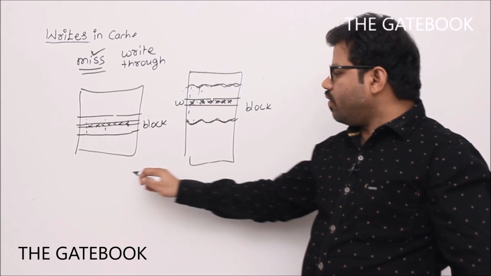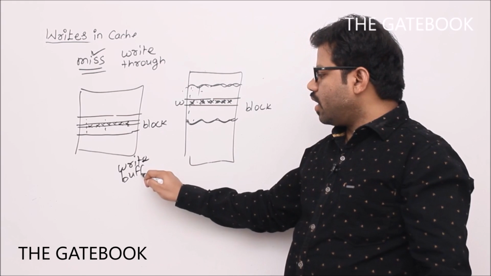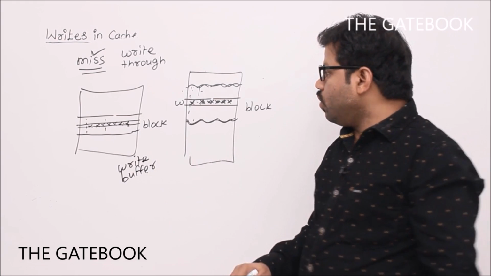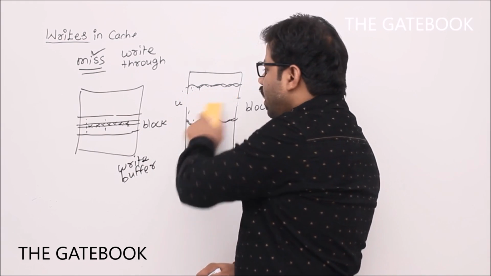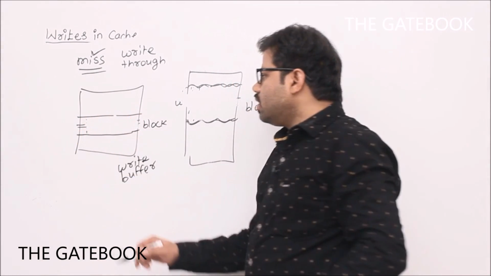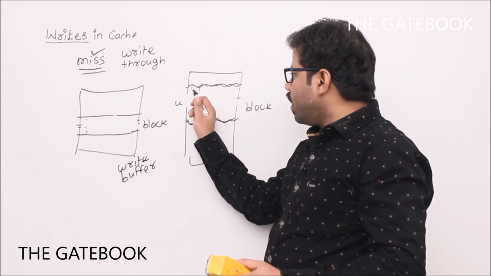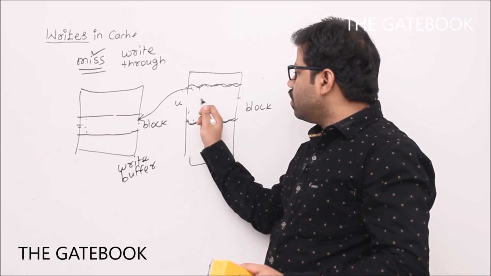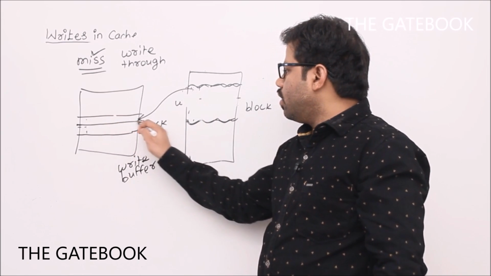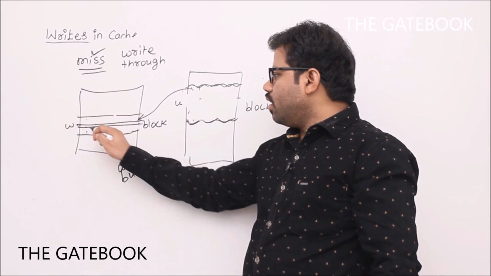Now here also we can use a write buffer. How does the write buffer help here? Say you have a write buffer and you did not get the data in the cache. First of all, move the block into the cache, then write the word there.